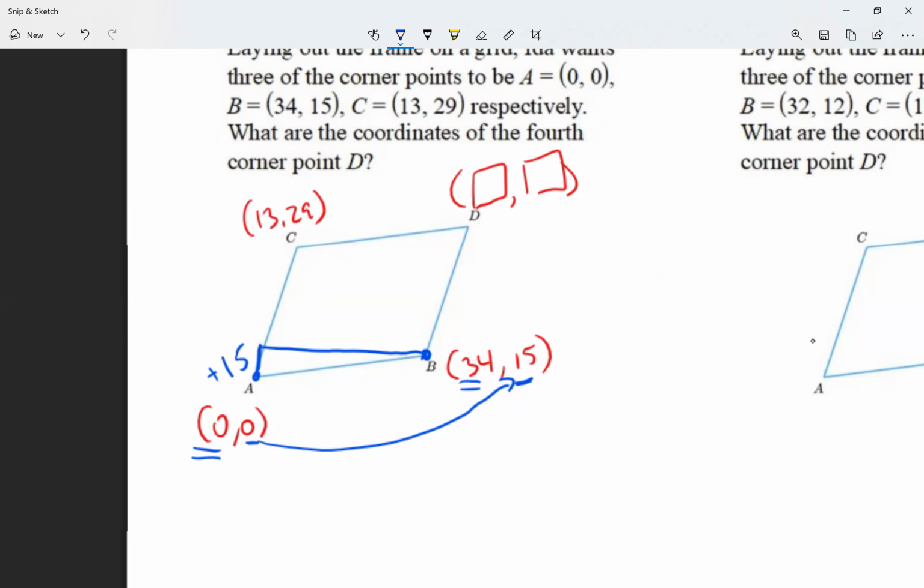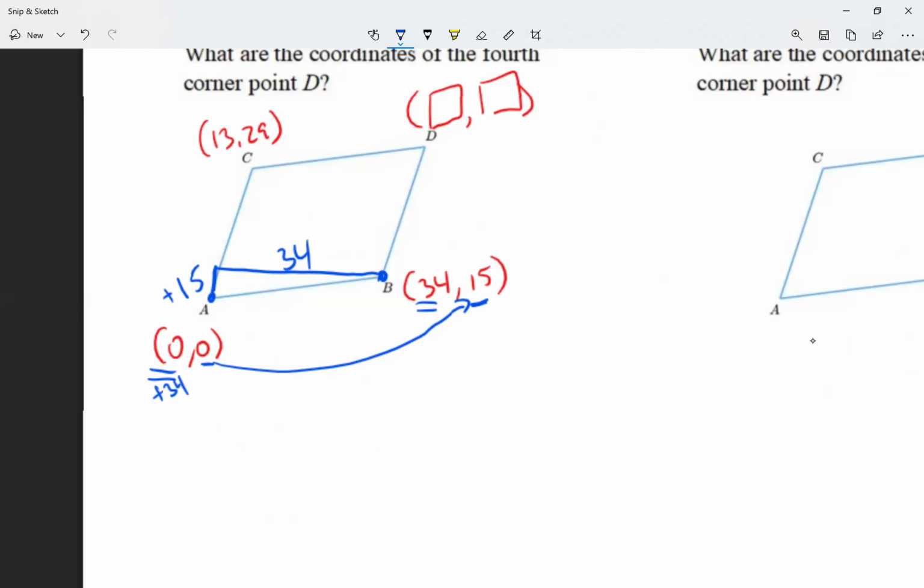So we had the point 0, 0. I added 34 on the x and I added 15 on the y, and that gives me the point 34, 15. So adding 34 on x and adding 15 on y gives me point B.